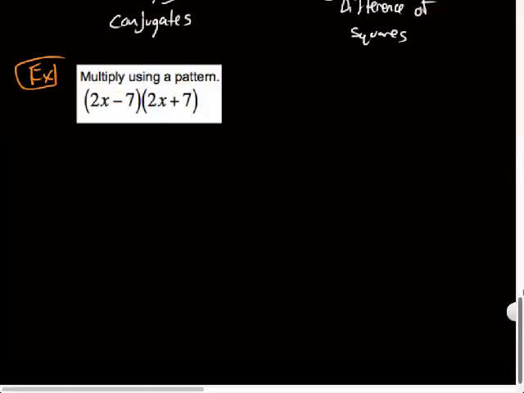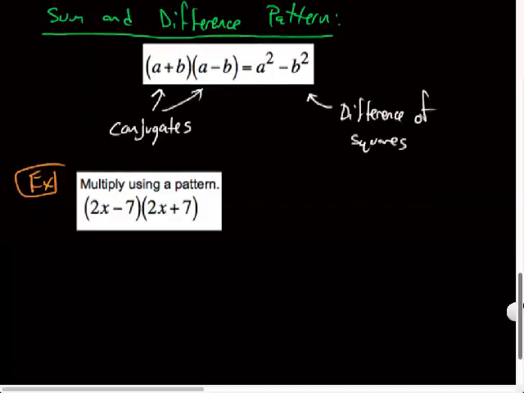So if I'm going to use this pattern, the one right above here, a plus b and a minus b, what would the a have been? 2x would have been the a. And what would the b be? 7. Technically, you could call it negative 7, but let's save ourselves some work here.